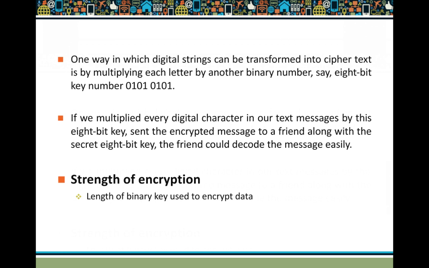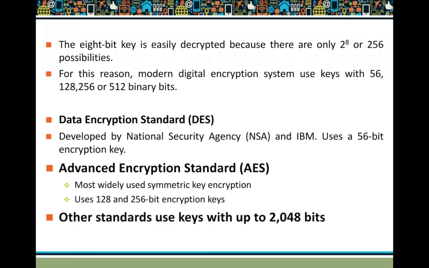Depending upon the size of your key, the strength of the key also decides the strength of the encryption technique. An 8-bit key is easily decrypted because there are only 2 raised to 8, or 256, possibilities. You can try different combinations of zeros and ones to find out the secret key. Once the secret key is found, you can easily get back the plain text.